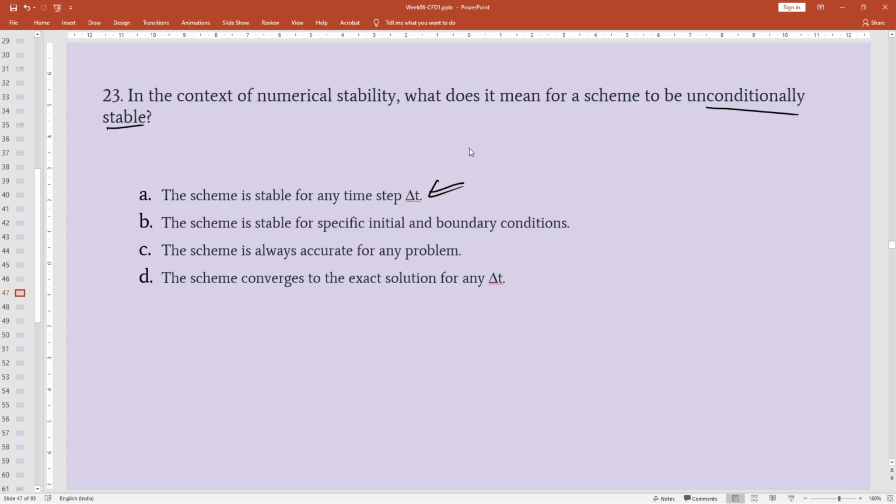Unconditionally stable means it does not need any particular step size for it to be stable.